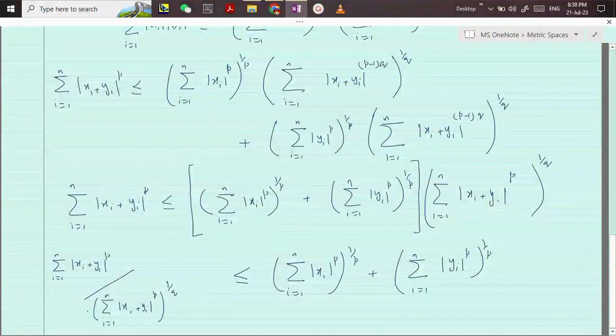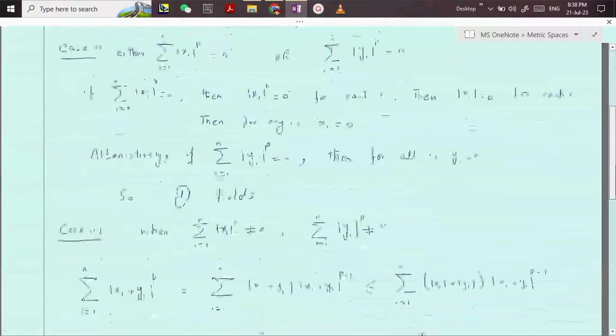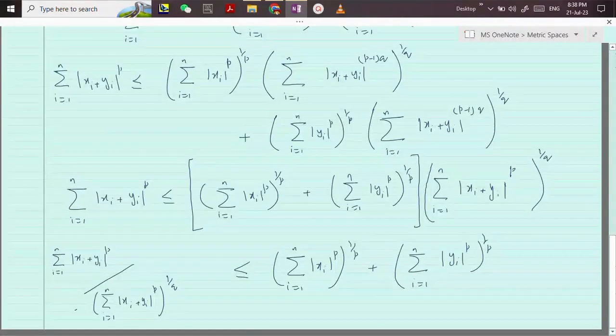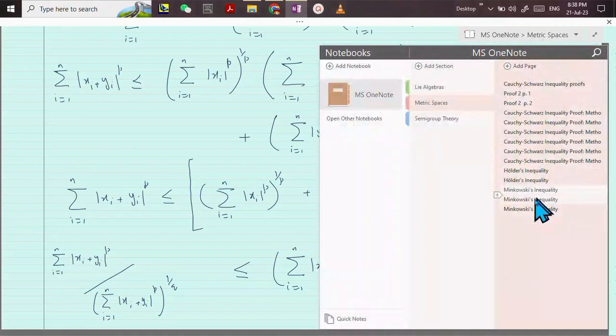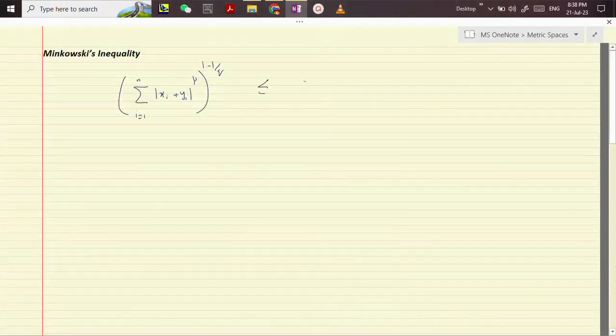We shift this term from the denominator to the numerator, and then the power 1 by q will be minus 1 by q, and this is less than or equal to summation i from 1 to n mod of xi power p whole power 1 by p plus summation i from 1 to n mod of yi power p whole power 1 by p.